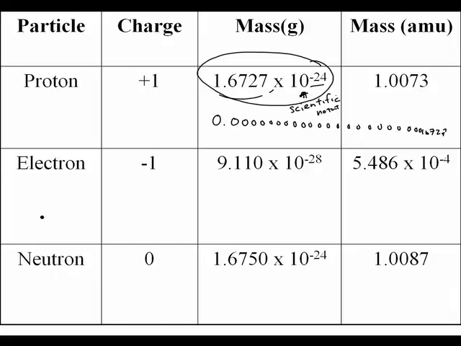Or we make up a new unit, which is what chemists do. This is called the atomic mass unit. And this helps us get to these lovely bigger numbers. You'll notice that the mass of the neutron is approximately equal to the mass, the weight, of the proton.